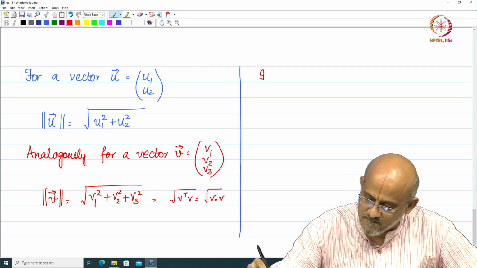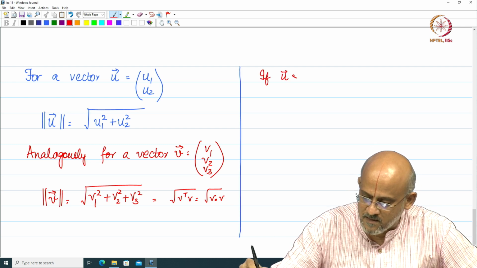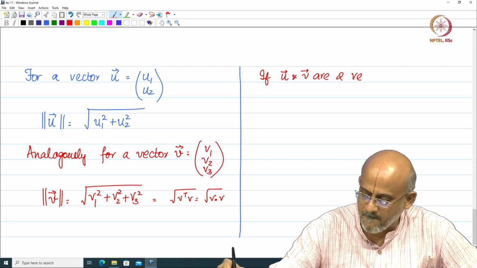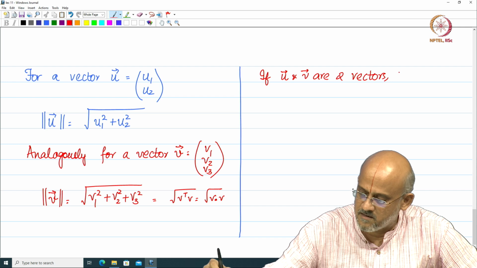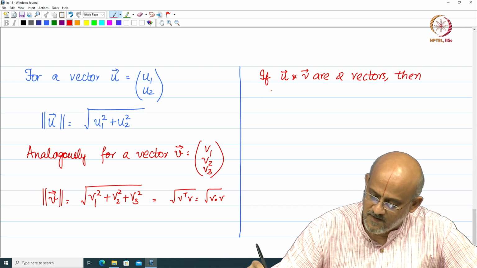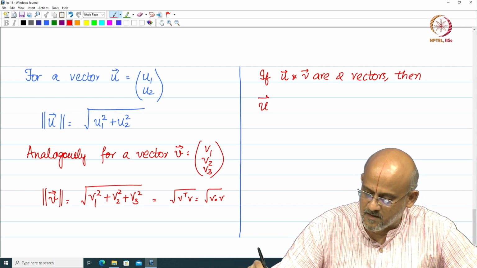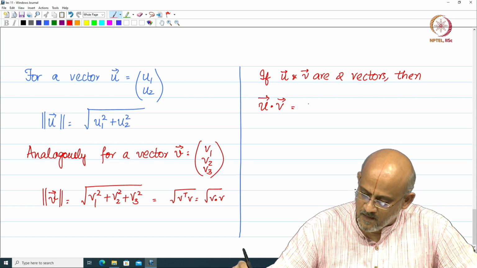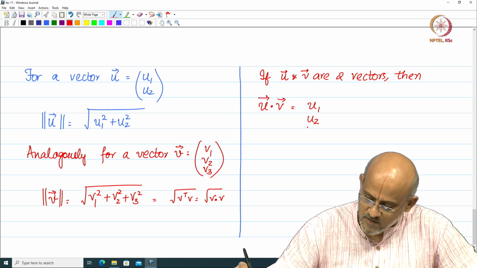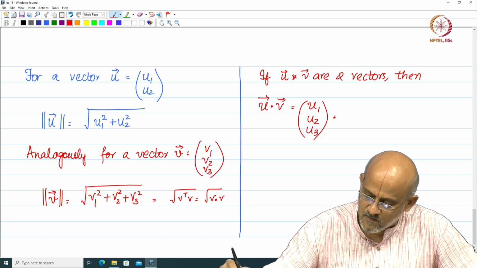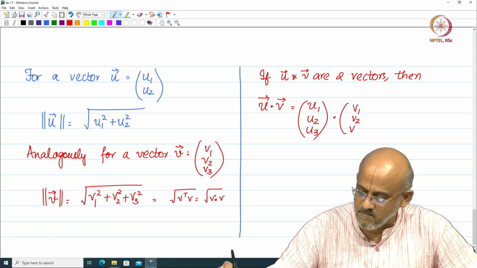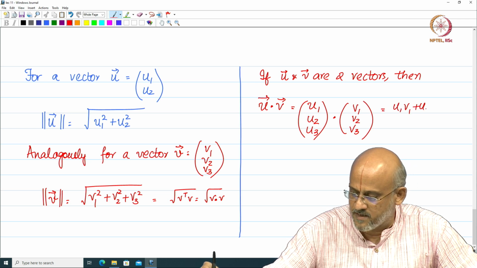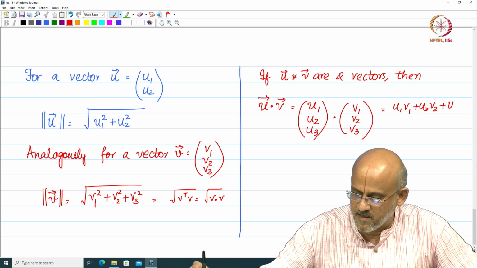We also know that if u and v are two vectors, then we defined the dot product of the two vectors, which gave me a scalar, given by u dot v is equal to u1 u2 u3 dot v1 v2 v3, which was basically u1 v1 plus u2 v2 plus u3 v3.